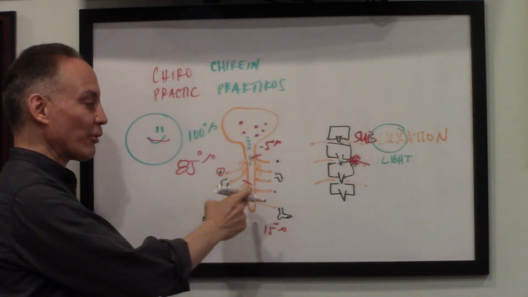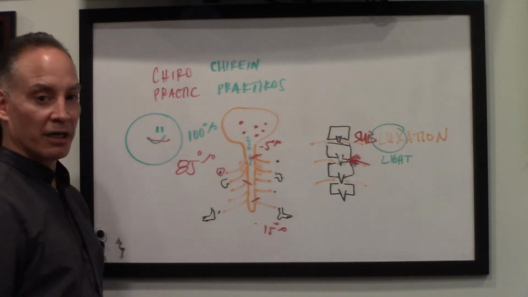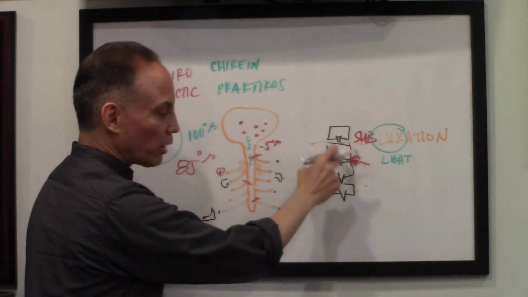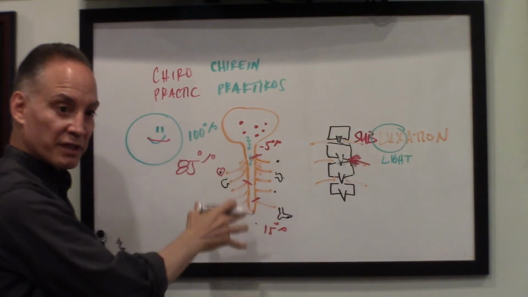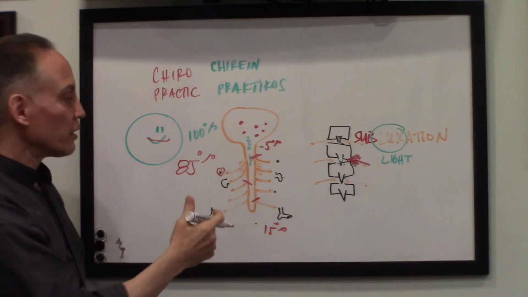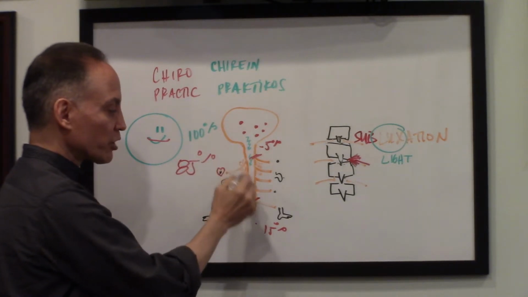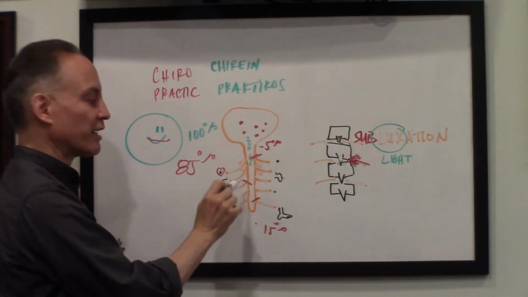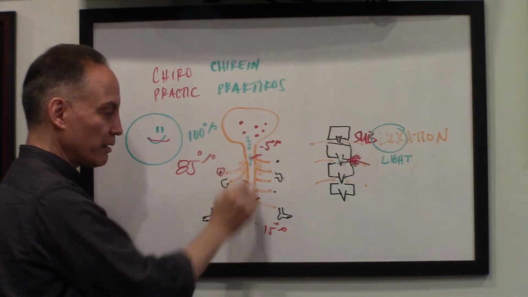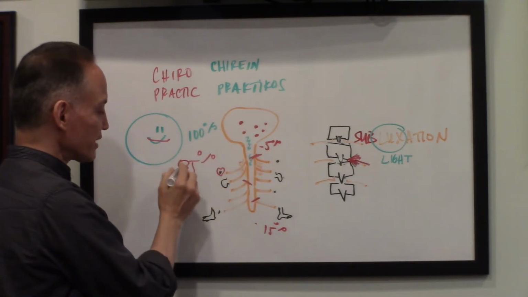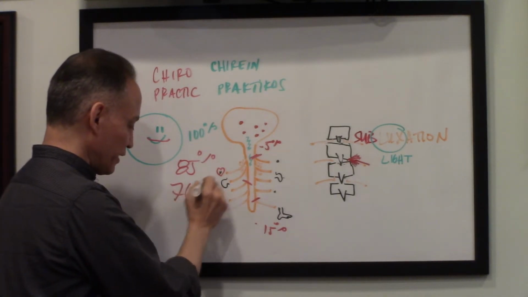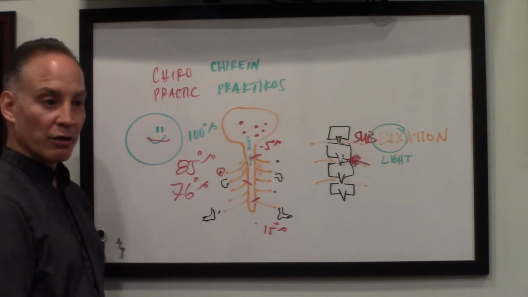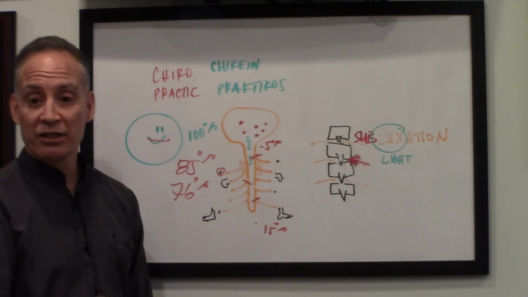So, our job here in this office becomes finding, locating, analyzing, correcting these subluxations, which irritate the nervous system, to what end? To reduce the amount of stress, pressure, irritation on the nervous system, brain, body unit, so that instead of walking around at 85% on a good day, maybe you're even functioning at, I don't know, 76% on average, we bring you up to whatever your potential is.